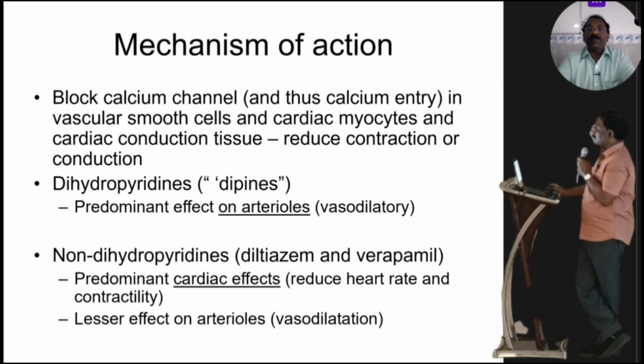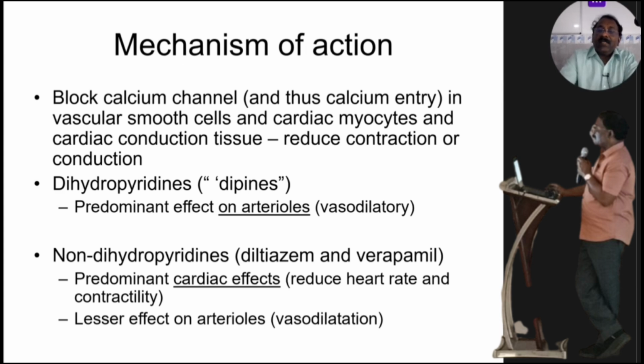They block the calcium channels, and thus the calcium entry in the vascular smooth muscle cells, cardiac myocytes and cardiac conduction tissue, so that they reduce the contraction or the conduction. That's how they help in reducing your blood pressure. Dihydropyridines, like amlodipine, cilnidipine or nifedipine, have a predominant effect on the arterioles; they are vasodilators.